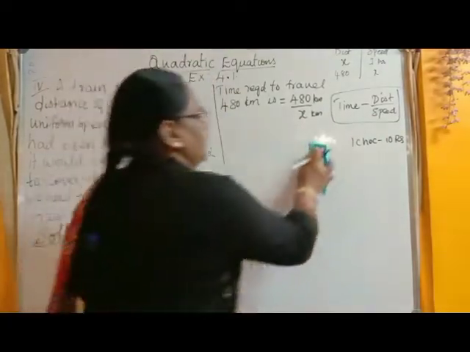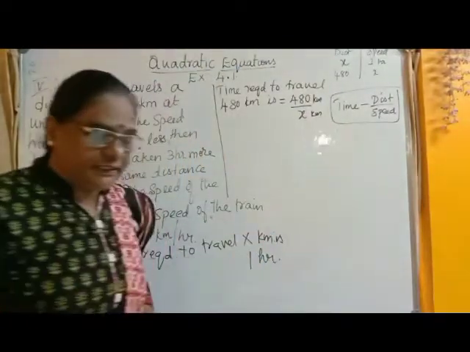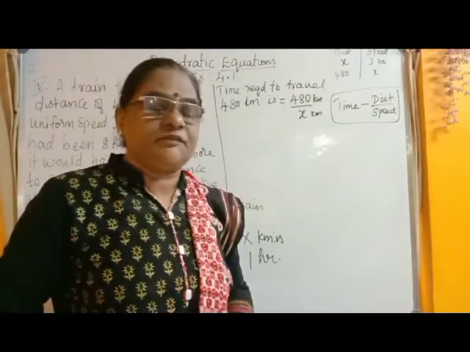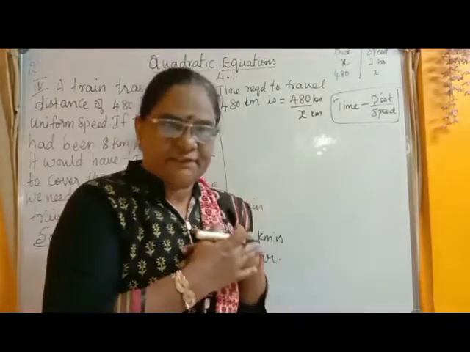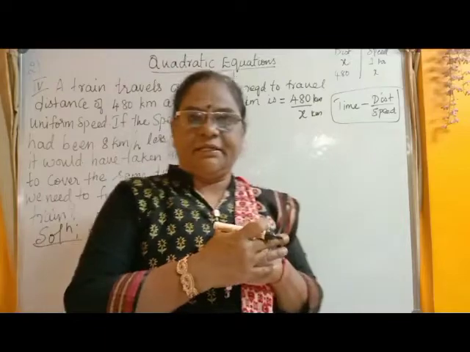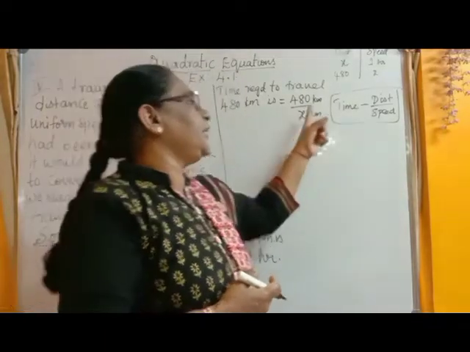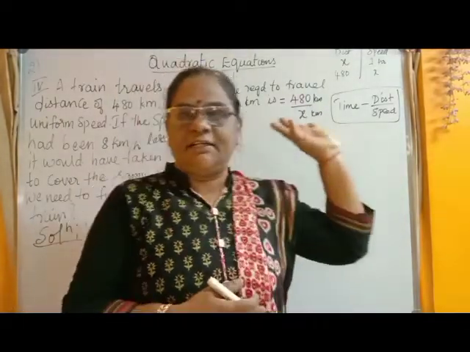Next, what they have given: if the train goes 8 kilometers less, that means if the speed of the train becomes 8 kilometers less. So for x kilometer per hour, this is the time taken to cover this distance.